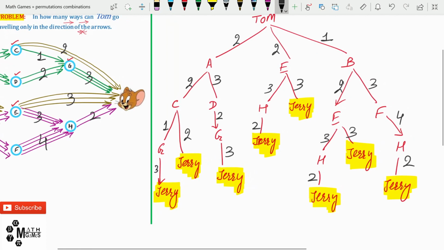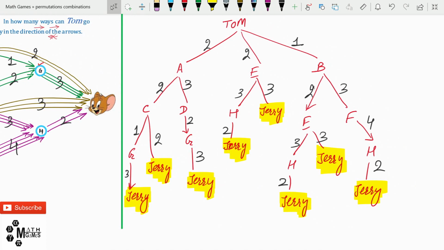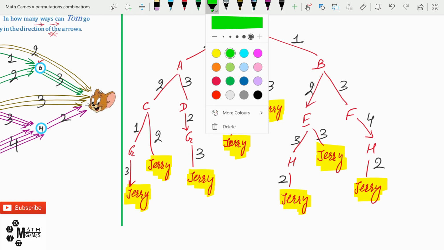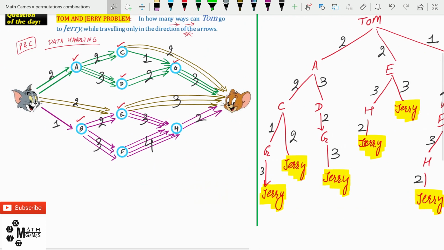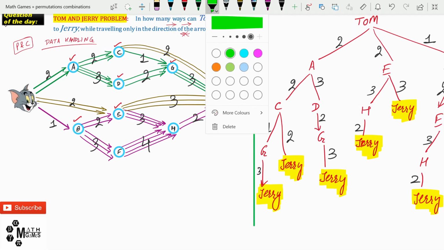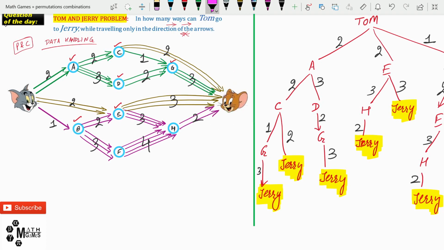Now, since the data has been handled, the main concern is to solve for the number of cases. To understand the number of cases, let us consider the case when Tom first goes to point A, then to point D, then to G, and then to Jerry.